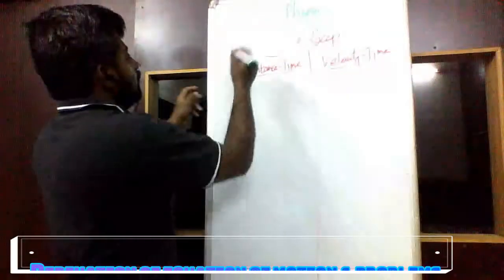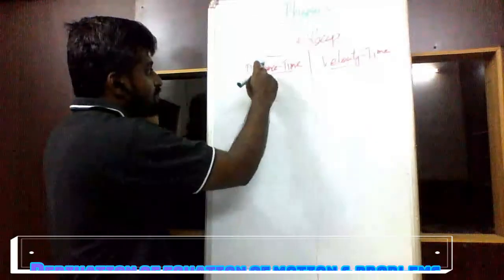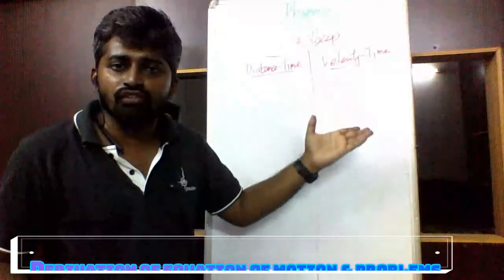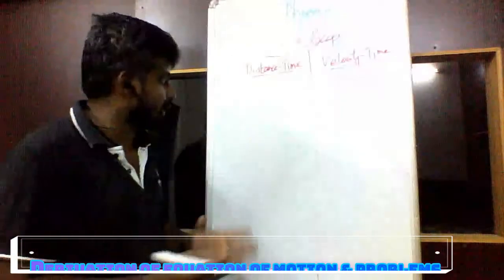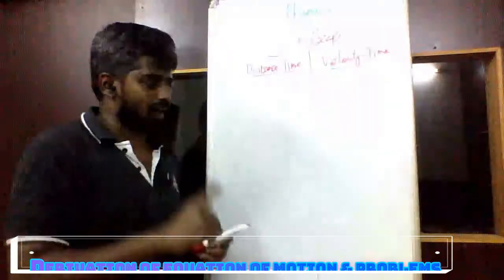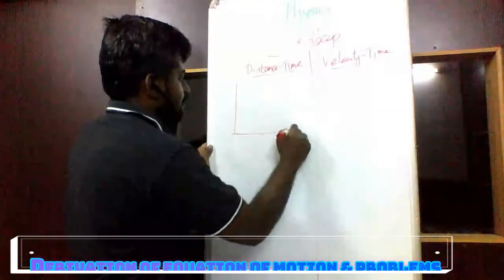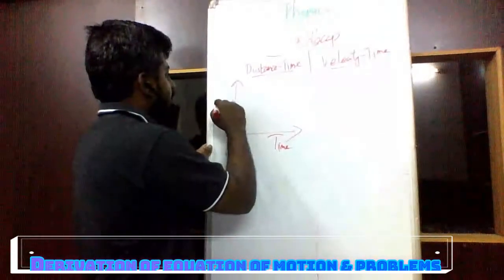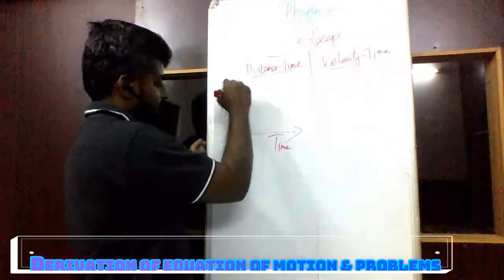You remember distance, time, and speed. So in the distance time graph, what we are going to find? We are going to find speed. Okay. So in that there are two types. Distance time graph: always time is in the x-axis and distance is in the y-axis.